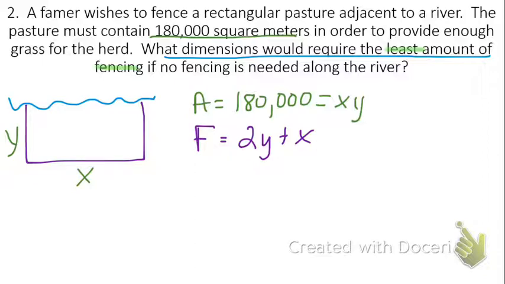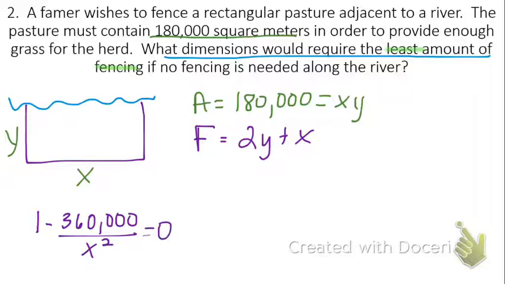Okay, now when you work this one out, I'm going to tell you you get a weird thing for the derivative, and I just want to show you this. You get this for the derivative. It's actually negative 1 minus 360,000 x to the negative 2, but if you write it as a fraction and then set it equal to 0, you can solve that.